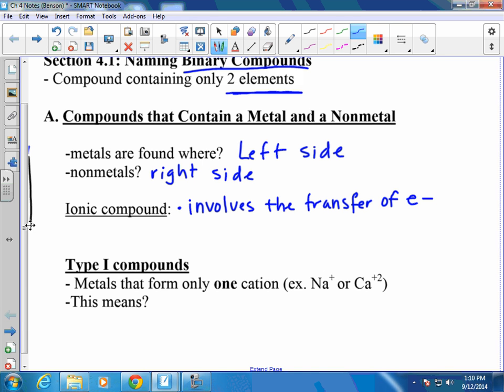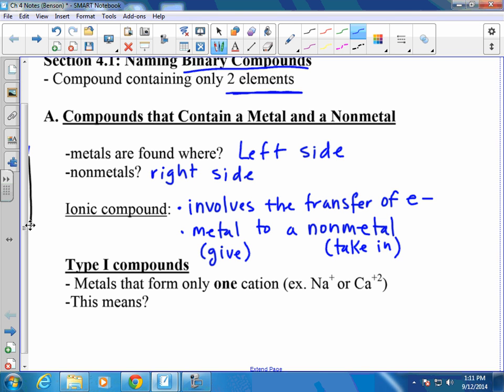So this involves the transfer of electrons, and it's going to involve a metal to a non-metal. Now we're going to learn a whole lot more about this, but in just the simplest terms, the metals are going to give electrons, they're going to transfer them to the nonmetals that are going to take in electrons to reach their stability.